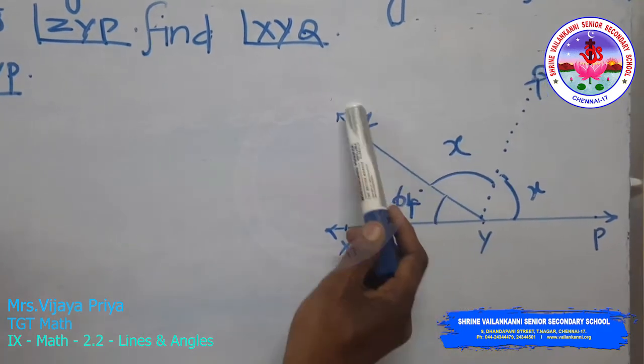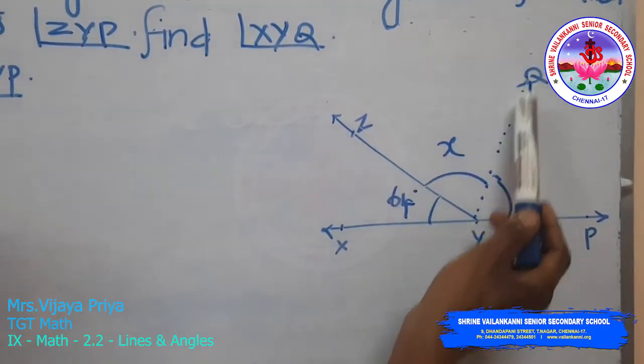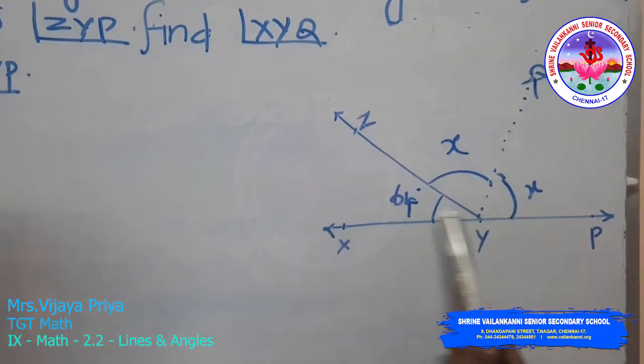We have seen here ZY and YQ are two rays standing on a line.